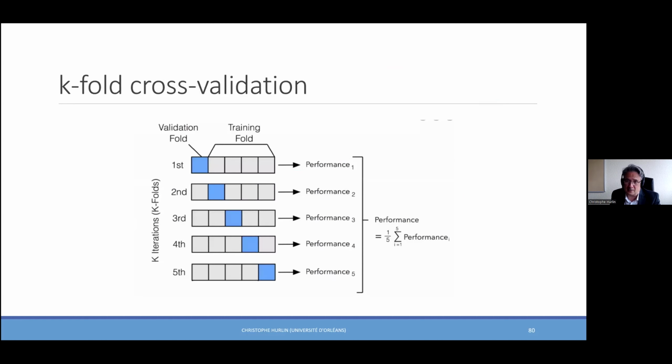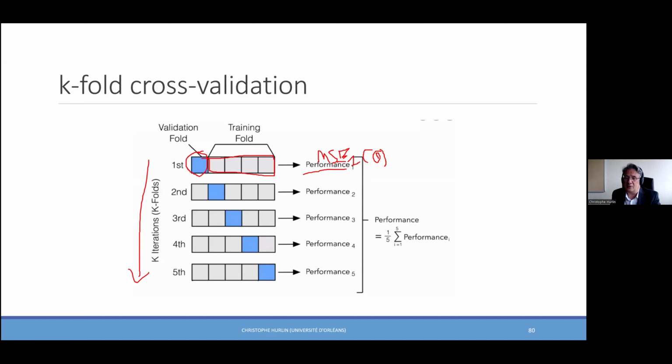So let me summarize. I have a loop here with capital K iterations. I consider the first fold as a validation sample, and I use folds 2 to 5 to train the model. I compute my MSE1, given theta.